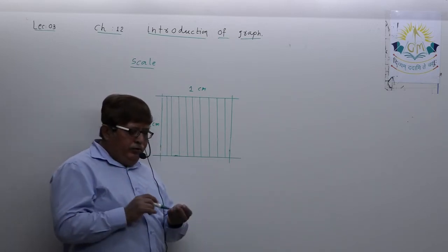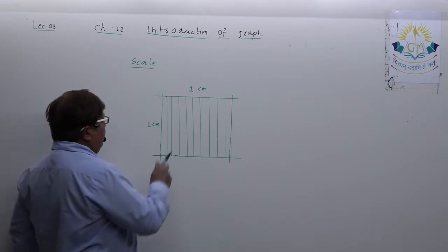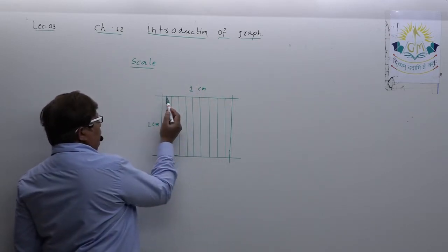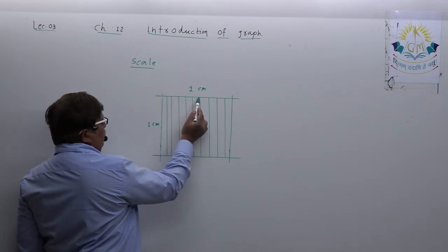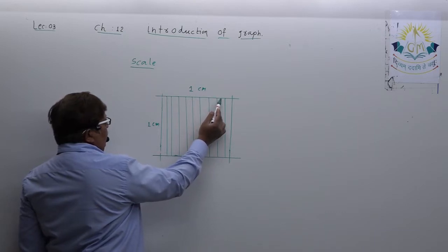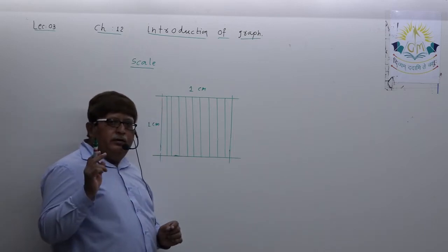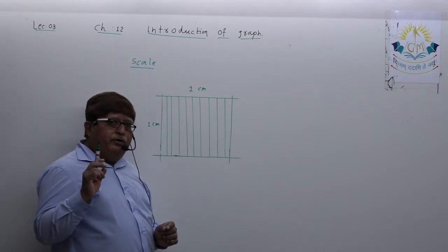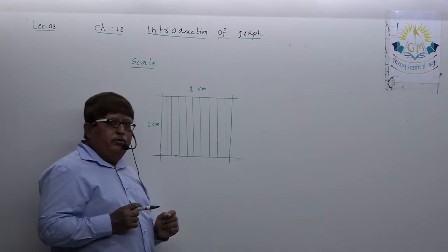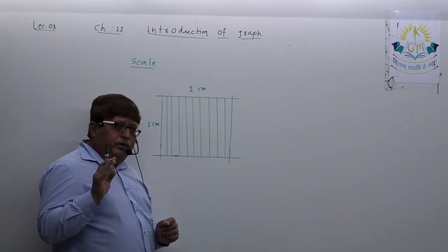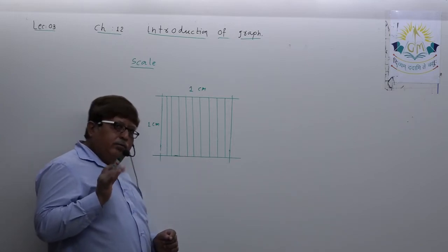Now, suppose you do not take any scale, then suppose this is 1 and this is 2. So this is 1.1, 1.2, 1.3, 1.4, 1.5, 1.6, 1.7, 1.8, 1.9 and 2. Understand? Each line is 0.1.